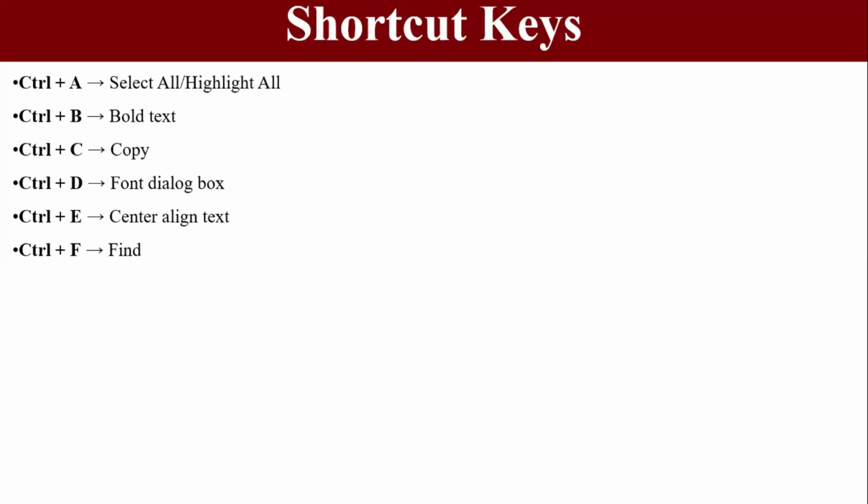Then Control plus F, which is find. If you are searching for a word in your document, you can press Control F. It will open the search menu where you will type what you want to search, and then it will search for you. Then Control G, go to.